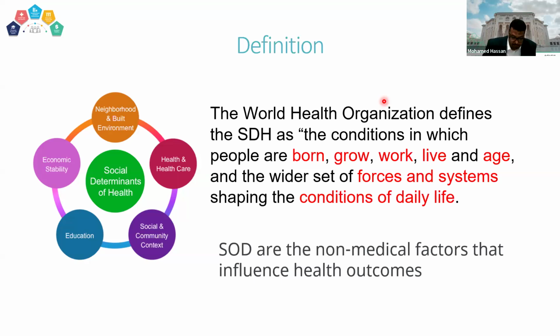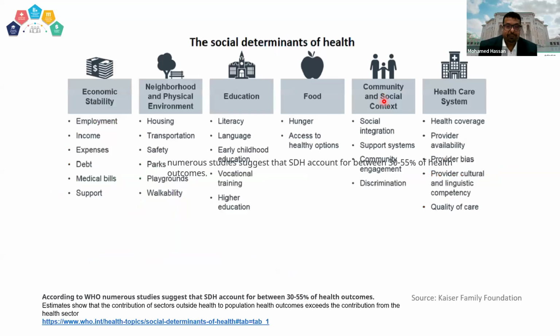And as you know, health is not only the absence of disease. There are several factors that can affect our health, as you can see on the left side of the screen, such as education, economic stability, neighborhood, built environment, healthcare, and social community context. So all these are the social determinants of health.